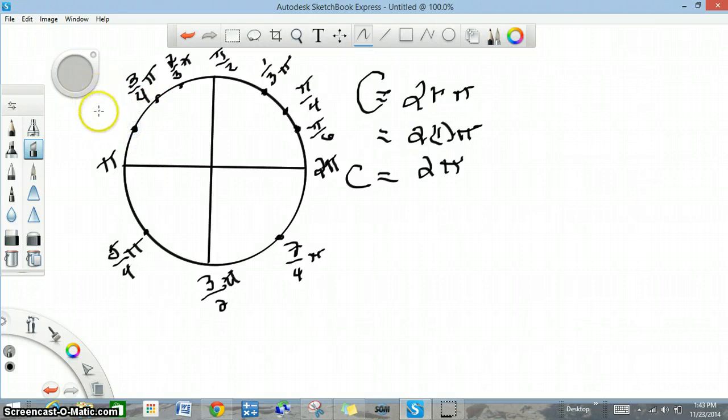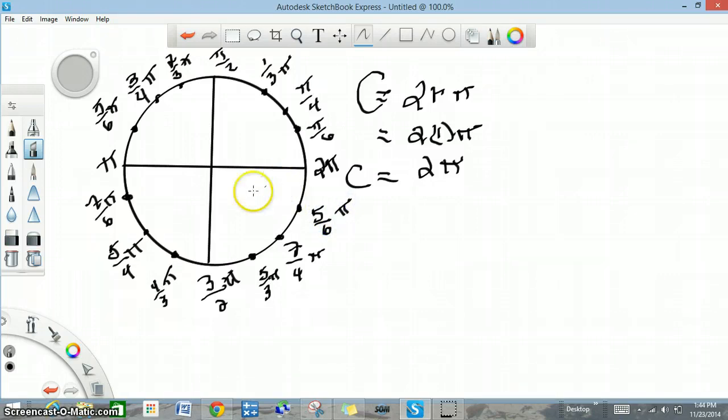Over here, we'll have 5/6 pi. 6/6, so 7/6. 8/6 reduces to 4/3 pi. 9/6, 10/6 reduces to 5/3. And then finally 11/6 pi.